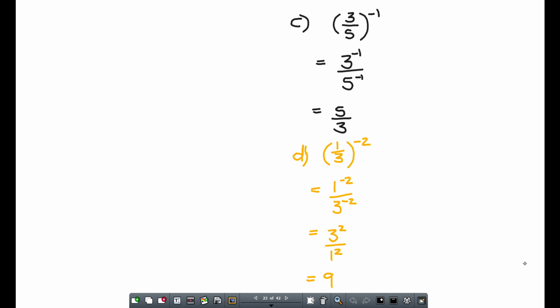You could have done that, or you could have said this will switch around, meaning 3 over 1 to the power of positive 2. And then you can say that will be 9, or 9 over 1.